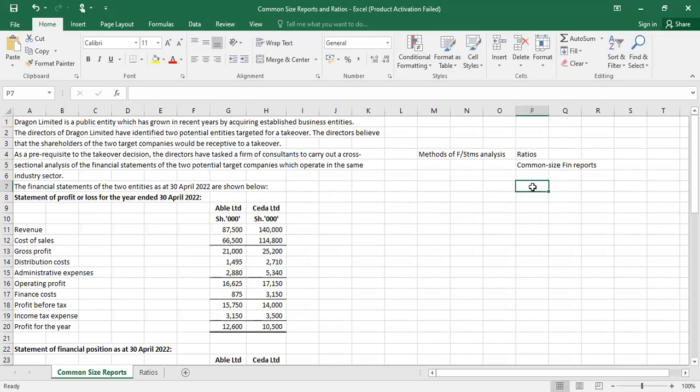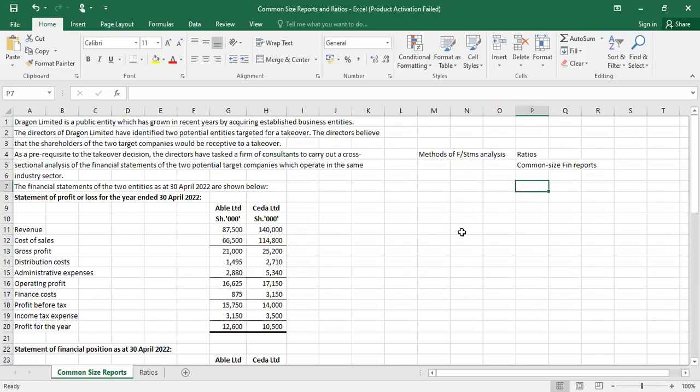Most of the times we prepare financial reports in general, meaning you cannot gain deeper understanding until you do further analysis.